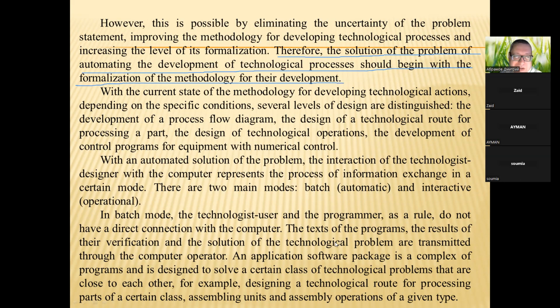With the current state of the methodology for developing technological processes, depending on the specific conditions, several levels of design are designated: the development of a process flow diagram, the design of a technological route for processing a part, the design of technological operations, the development of control programs for equipment with numerical control.